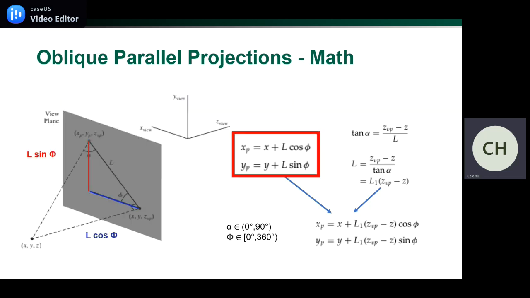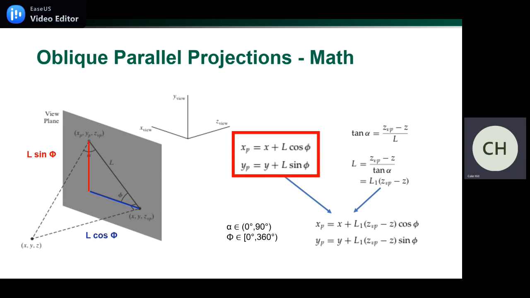So starting with these two, x sub p and y sub p. Looking on the left, we see the triangle formed between the projected coordinates x sub p, y sub p, z sub p, the world coordinates x, y, and z, and the projected coordinates if we had used a simple orthonormal projection, x, y, z sub vp.